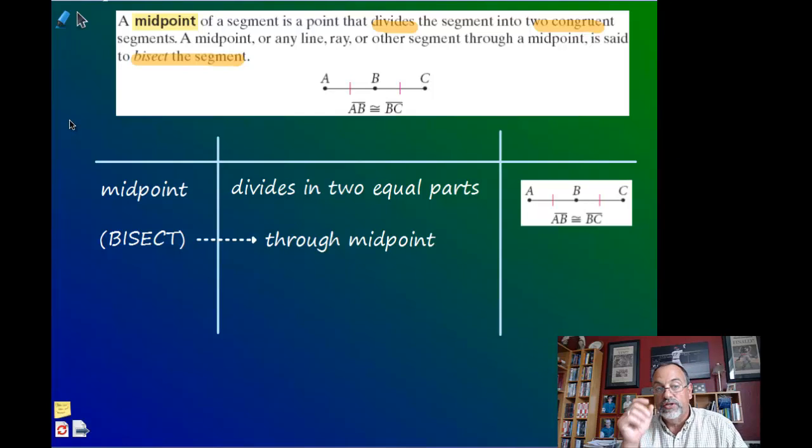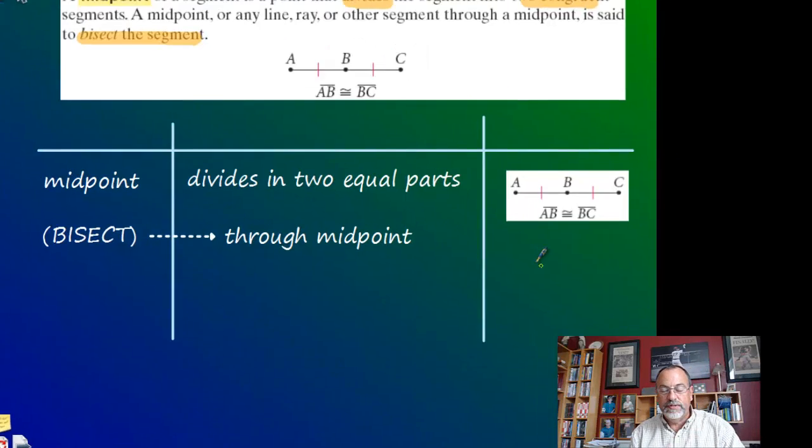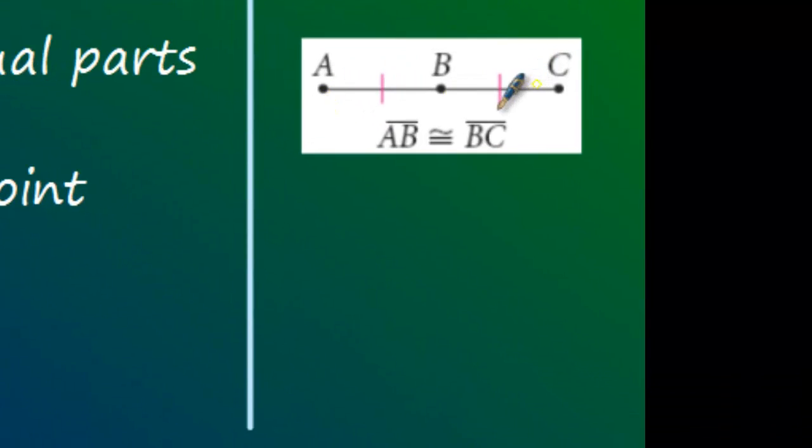Now these are definitions, which means they're going to be used as reasons for writing explanations. For instance, using the example we have here, again using the first 2 steps we've been talking about, I look at this, what's the relationship here? AB and BC are equal.